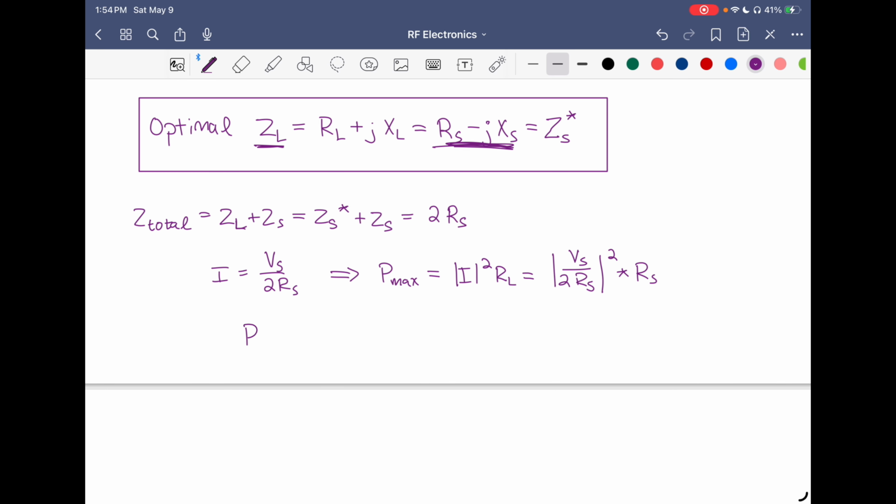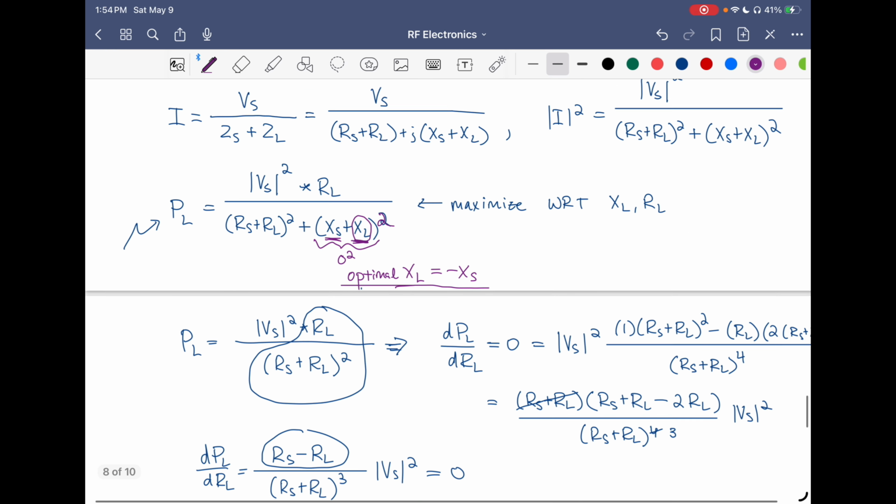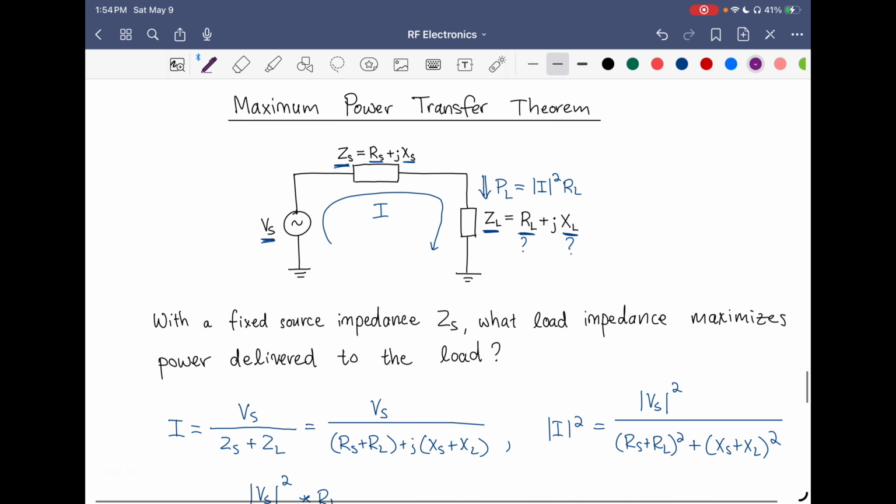So then we get the maximum power is equal to Vs squared, the 4, which is 2 squared, comes out in the bottom, and then the Rs squared on the bottom cancels with the Rs in the numerator. So we get this expression as our maximum power delivered to the load. So overall, this is the derivation of the maximum power transfer theorem.